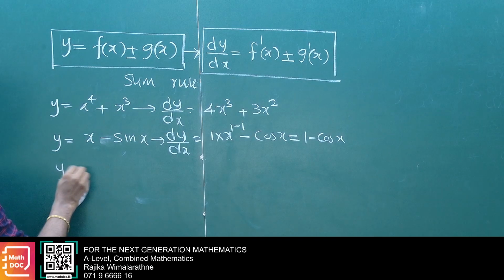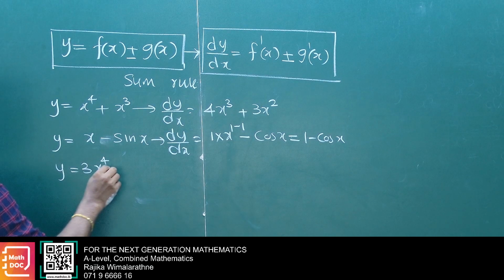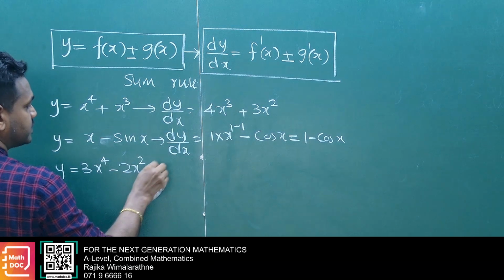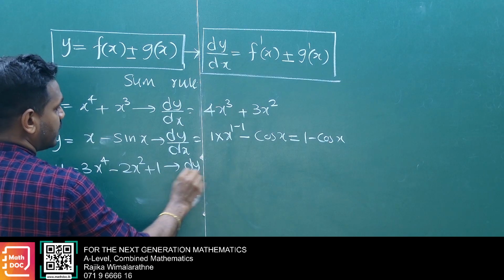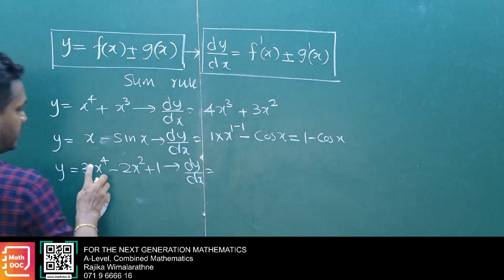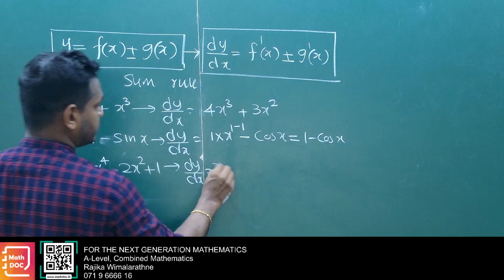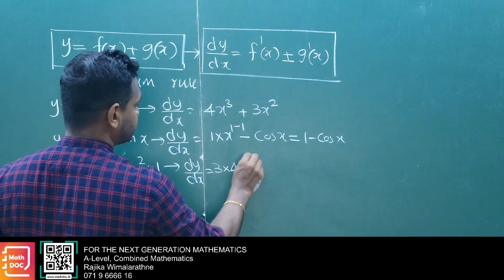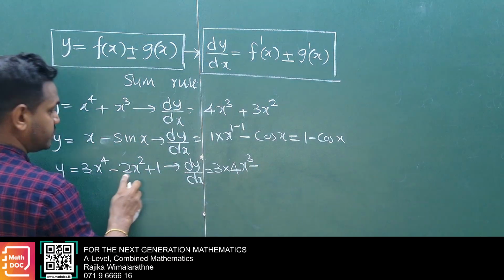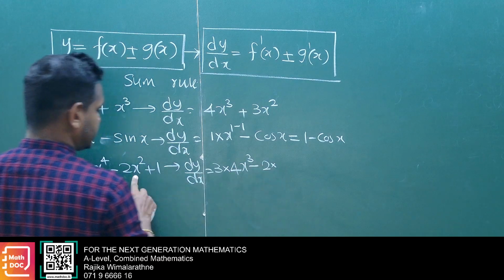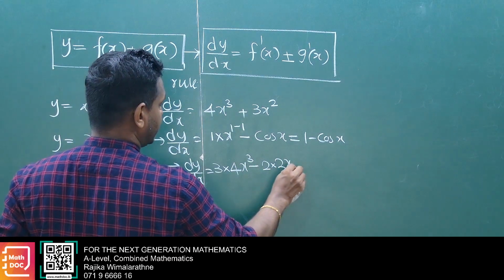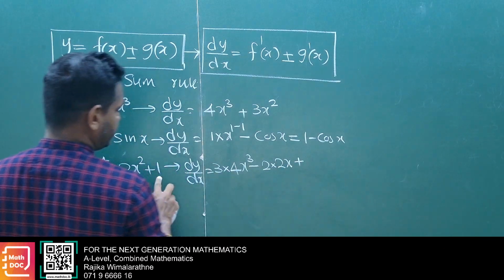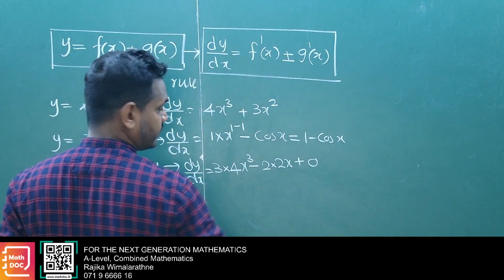Then y equal 3x to the power 4 minus 2x square plus 1. Now dy by dx. Here constant times function: 3 times x to the power 4 derivative, say 4x cube, minus 2 times x square derivative, we say 2x. 1 derivative, it is a single constant, 0.